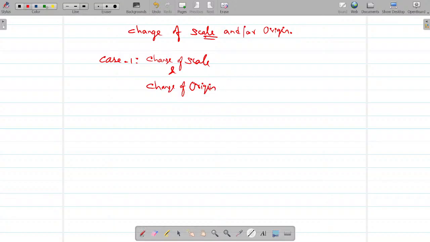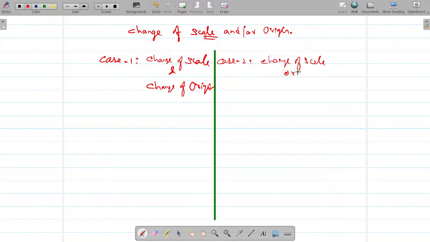Next, case two: change of scale or change of origin. Okay, so this is "and", this is "or". What do you mean by "and"? Both. "Or" means either change of scale or change of origin.